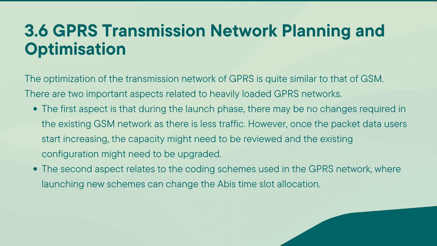The first point is that during the launch phase there may be no change required in the existing 2G network, as there is less traffic. However, once the packet data users start increasing, the capacity might need to be reviewed, and the existing configuration might need to be upgraded.